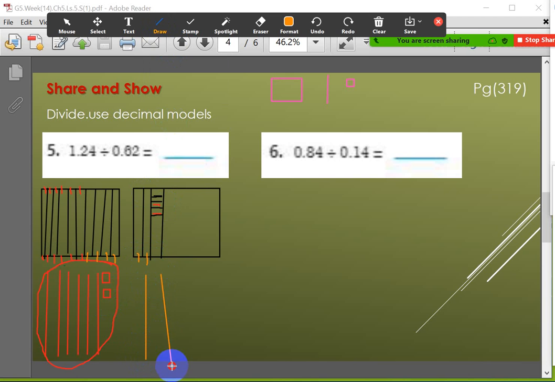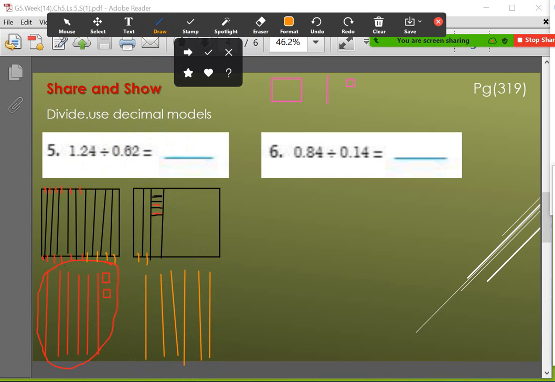But I have 2 in the hundreds. That means I have to take 2 small cubes. Those 2 small cubes. This is the first one and this is the second one. So these two small cubes. So this is the second group.